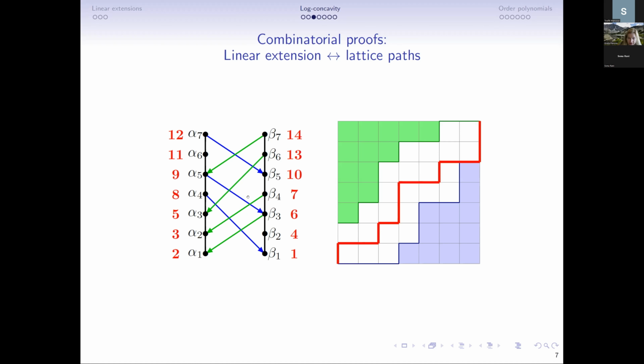And what is the full correspondence? Which lattice paths correspond to linear extensions? It's exactly the ones which are contained in this white region. These relations draw out two boundaries which we cannot cross. So all linear extensions correspond to lattice paths inside what we call a monotone region.